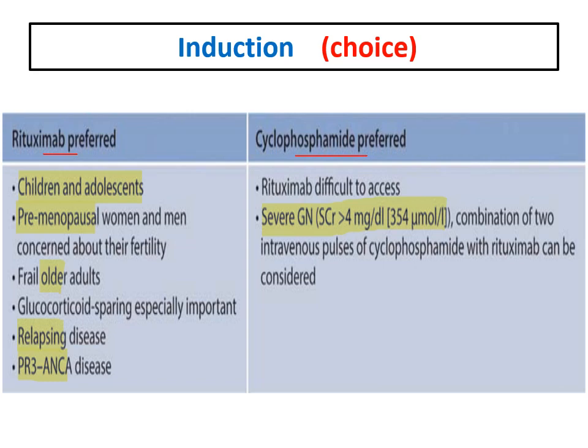Cyclophosphamide is preferred in severe cases when the serum creatinine is more than 4 milligram per deciliter, or more than 354 micromole, or if rituximab is not available or is difficult to access.